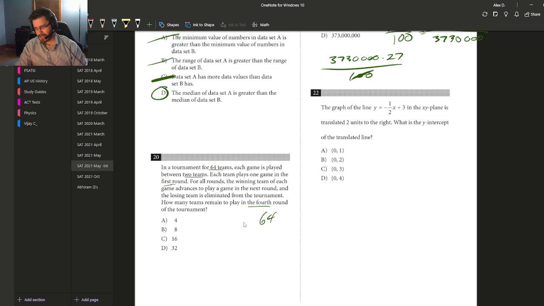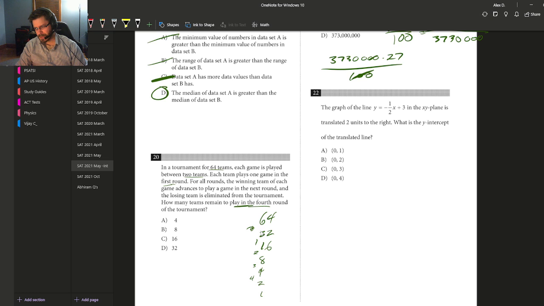At the beginning of round one, at the end of round one, we have 32 teams, then 16, then 8, then 4, then 2, then 1, of course. So end of round 1 is here, round 2, round 3, round 4. How many teams remain to play in the fourth round?